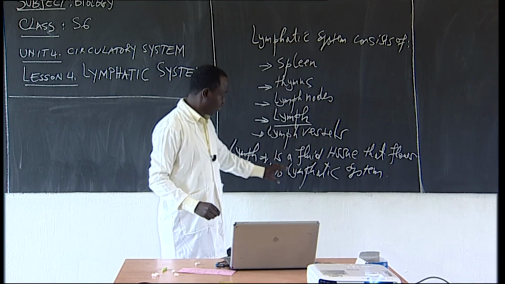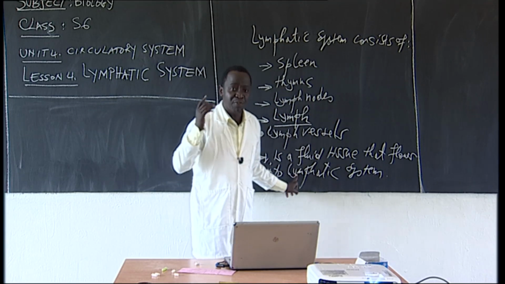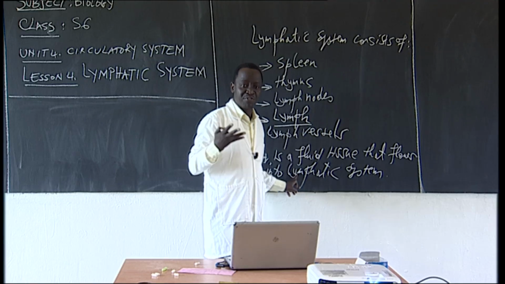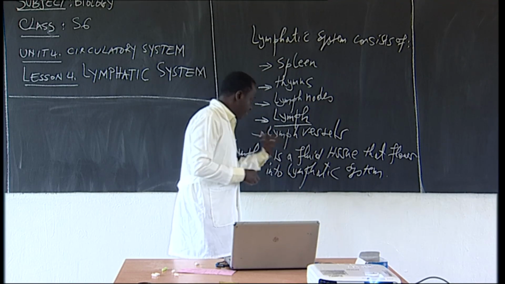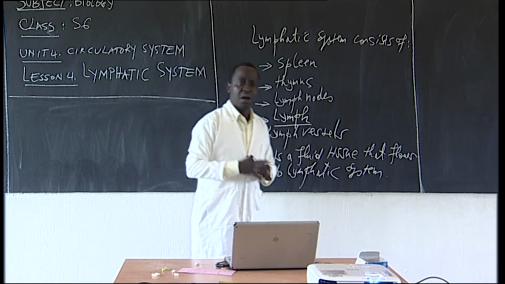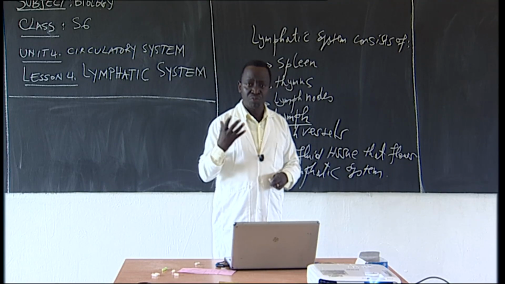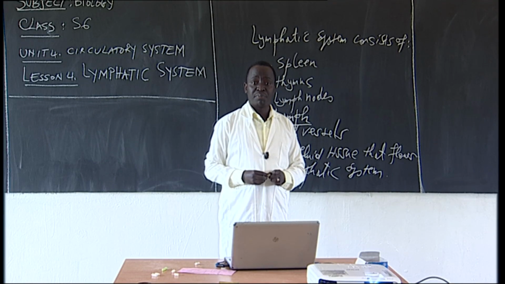Actually, in the lymphatic system, we don't have blood. We have a fluid called lymph. Lymph is a tissue fluid, a fluid tissue or a tissue fluid. What is a tissue fluid?